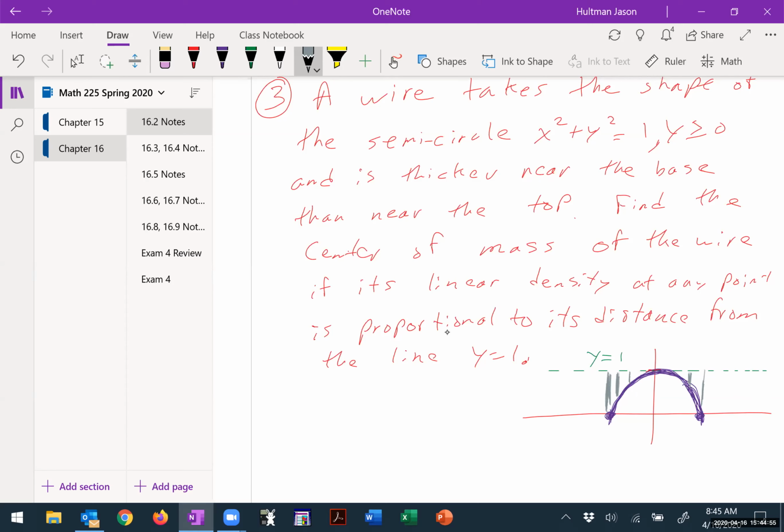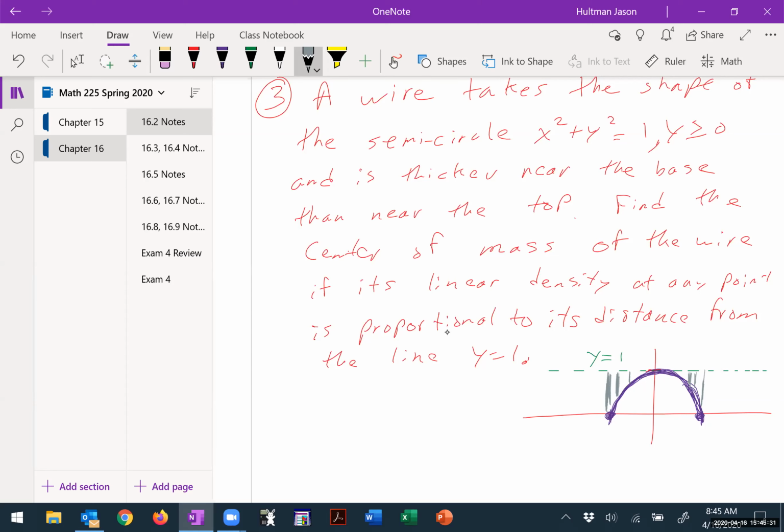So whereas we used double integrals to find the center of mass over an area, we're now going to use a line integral to find the center of mass of this wire. And it is proportional to the distance.